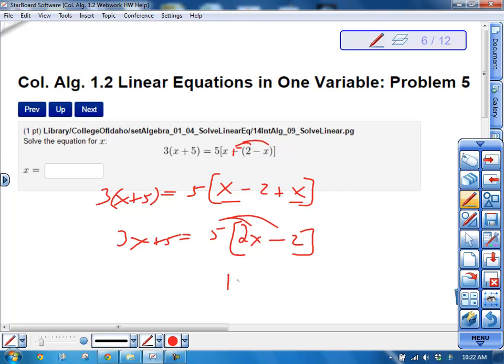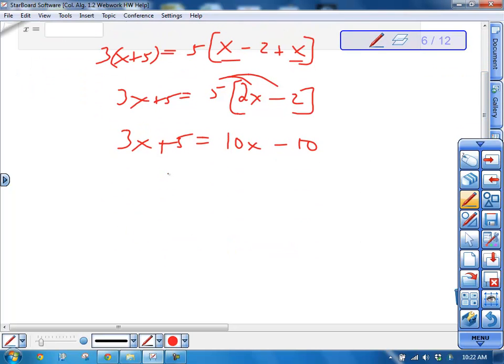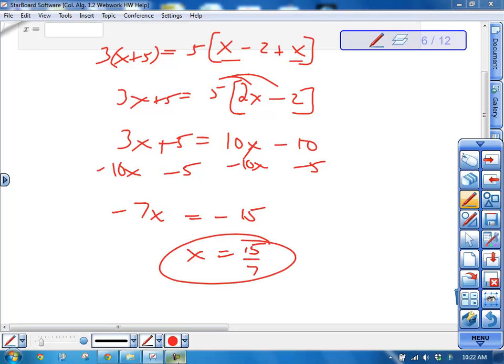And now I'll distribute the 5, so that becomes 10x minus 10 equals 3x plus 5. And I'll just solve like regular. Subtract 5 from both sides and subtract 10x from both sides, or the other way around. Negative 10x equals negative 15, so I get x equals 15/7 for me.